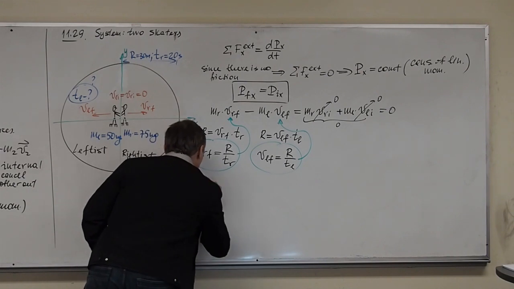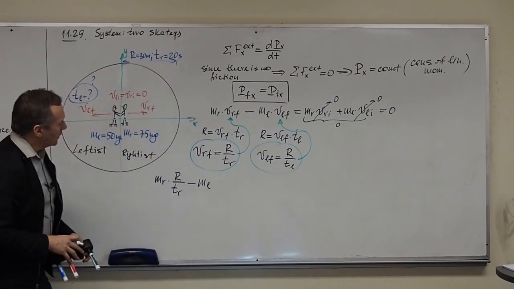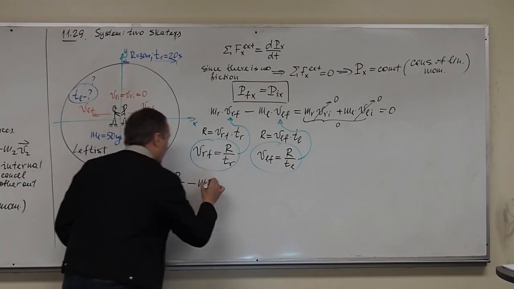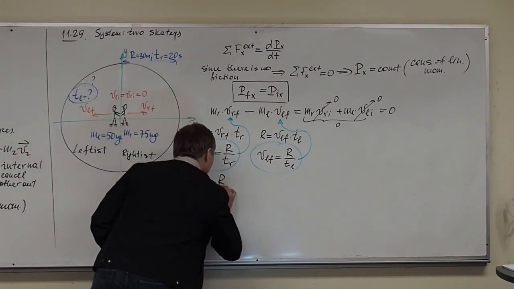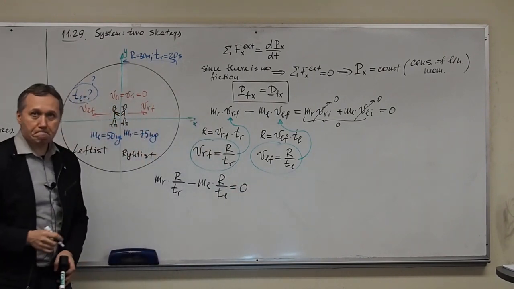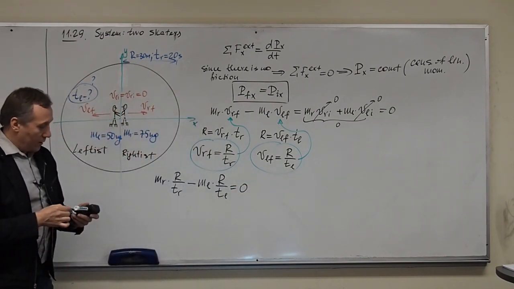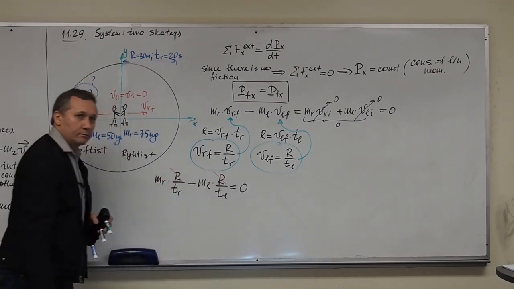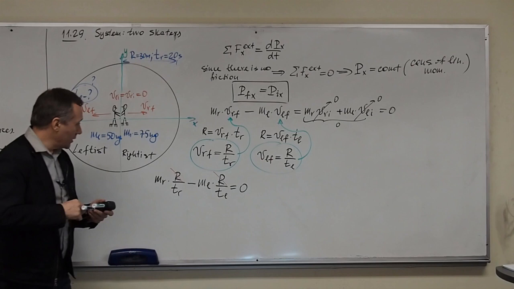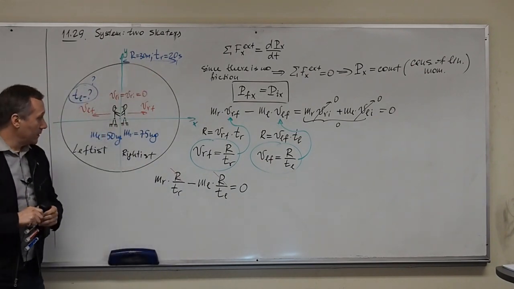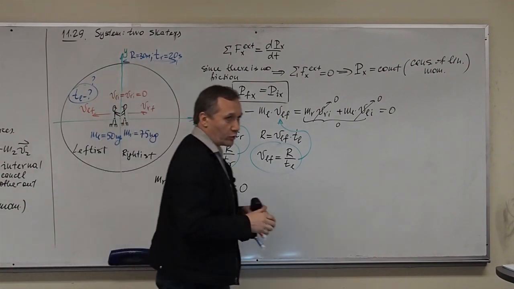Minus mass of the left, and now again, instead of velocity, I will write this ratio R versus the travel time of the left, and it is equal to 0. The radius can be cancelled. And it surprised me because this radius is actually given. Right. But we don't need that radius in order to solve this problem.